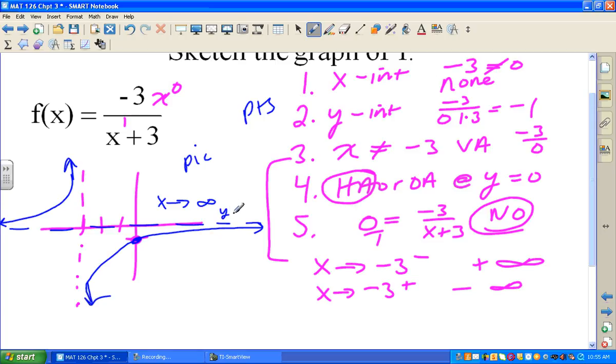Y is going to 0. See how x is going to the far right? Y is getting closer to 0. And if x is going to negative infinity, then y is also going to 0. So you're getting an exposure to the going-to or close-to ideas in graphing, all right? And that's kind of like the next step.